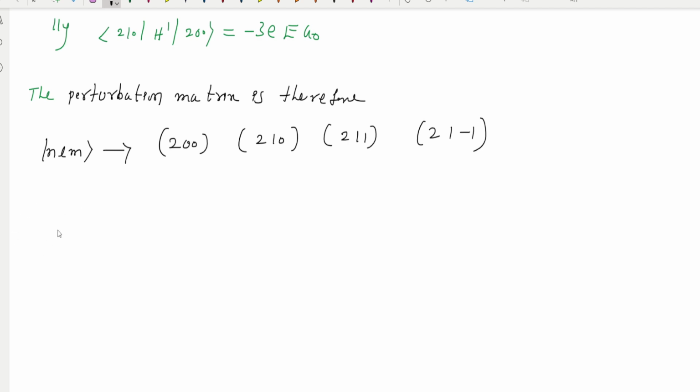H prime equal to, okay, H prime 200, 210, 211, 21 minus 1.